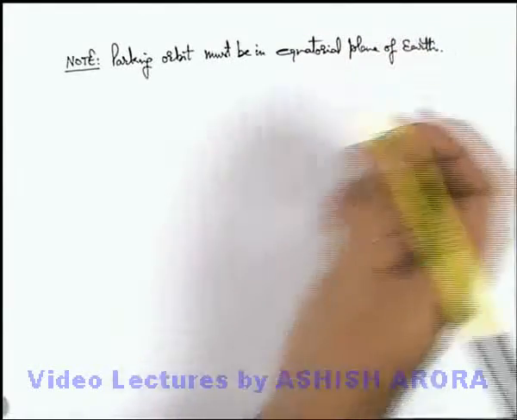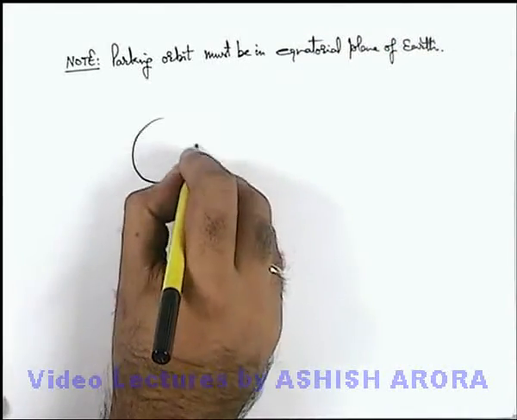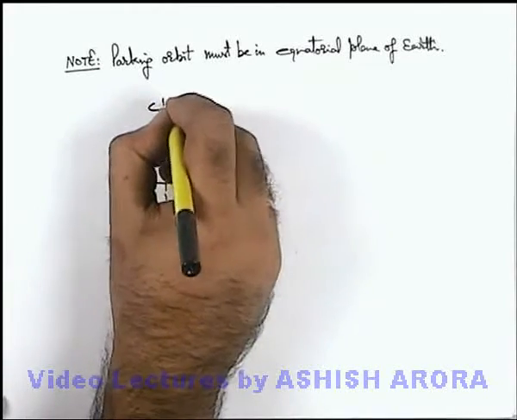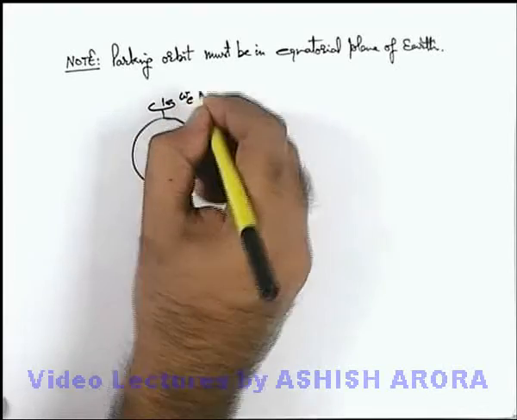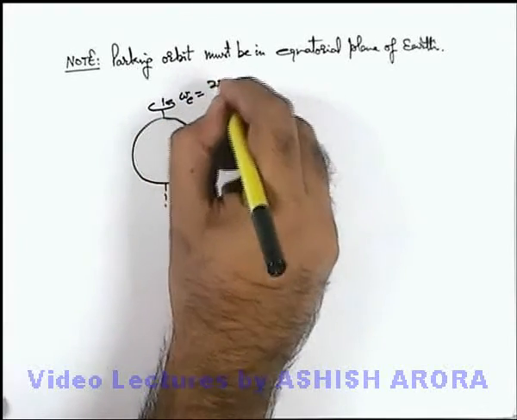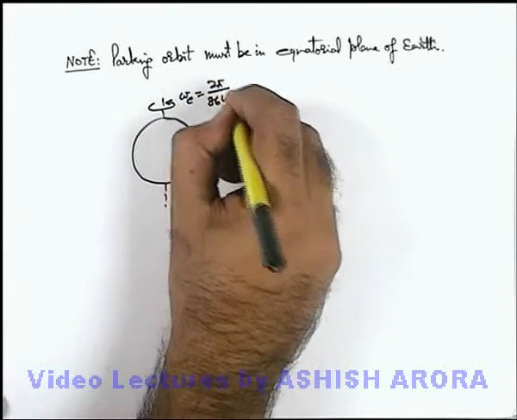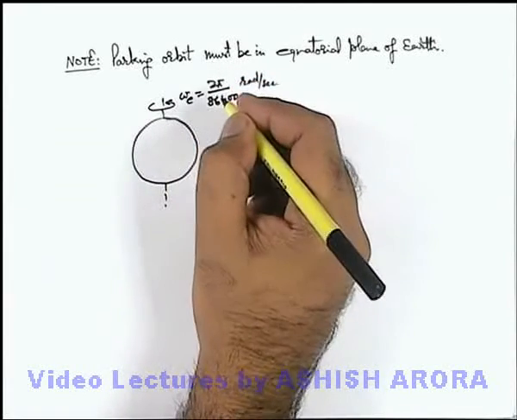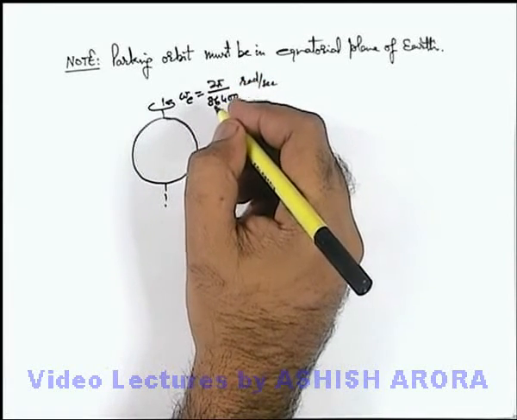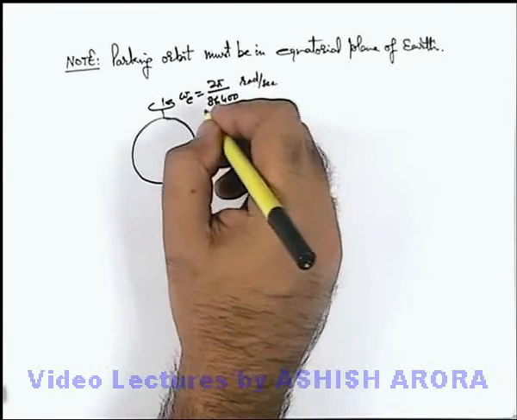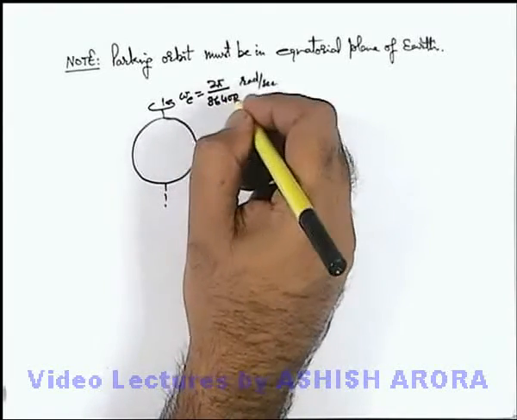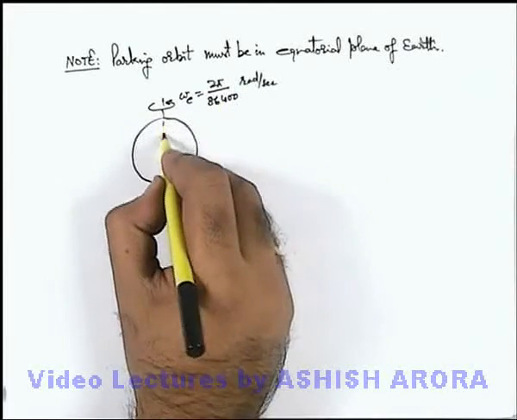This is necessary because Earth revolves about its own axis of rotation at the angular speed omega e, which is 2 pi by 86400 radian per second, as we write angular speed as 2 pi by T, and 86400 is the number of seconds in a day, the period of rotation of Earth in seconds.